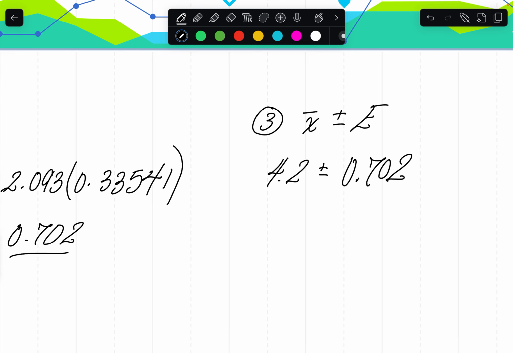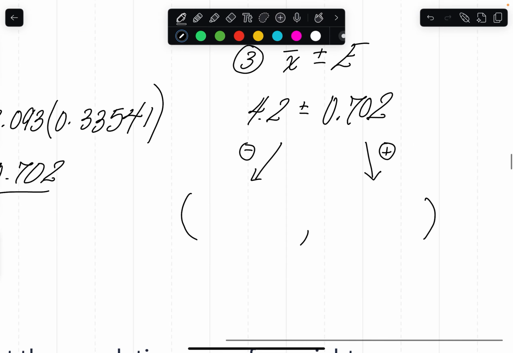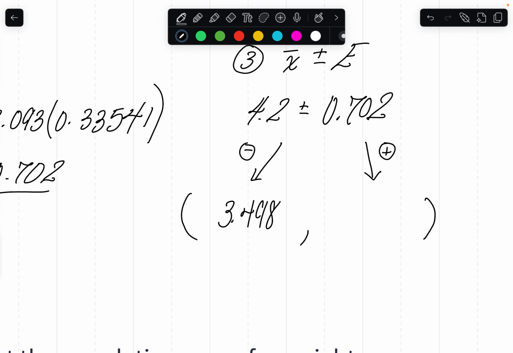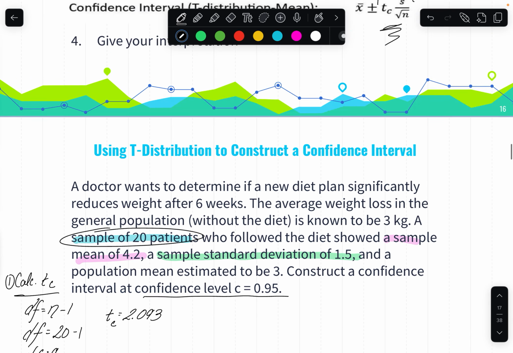Okay, add or subtract, that's going to give us two answers, the subtraction answer and the addition answer. We're going to write it out in the form of like a coordinate point. That is customary, or you could just write out both as it is. 4.2 minus 0.702 is equivalent to 3.498. And if we add that number instead, we will get 4.902.